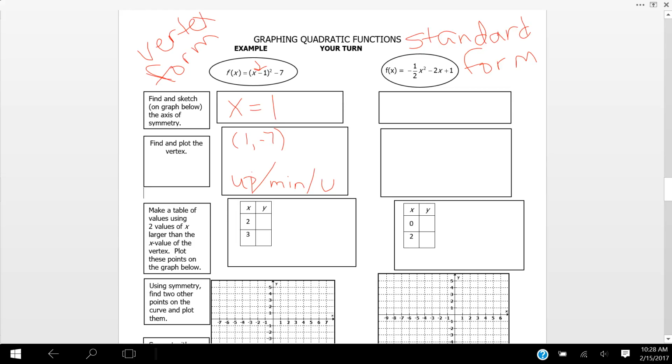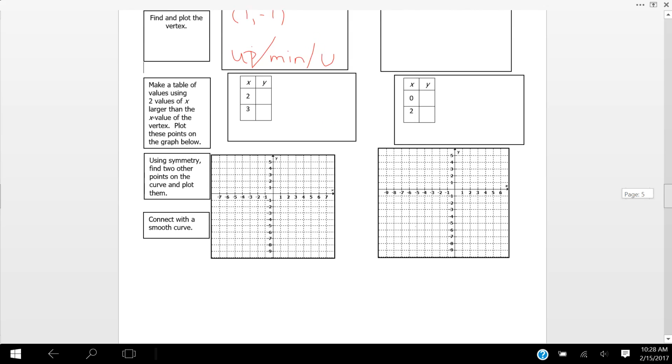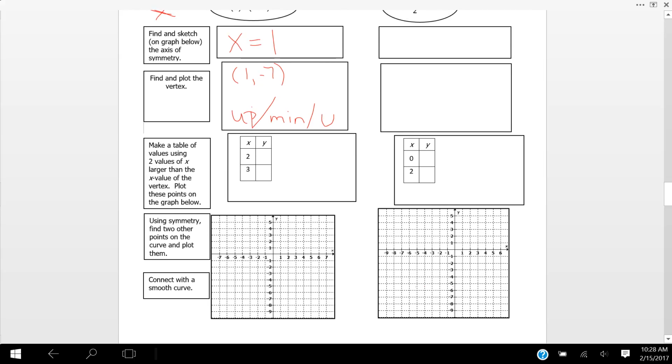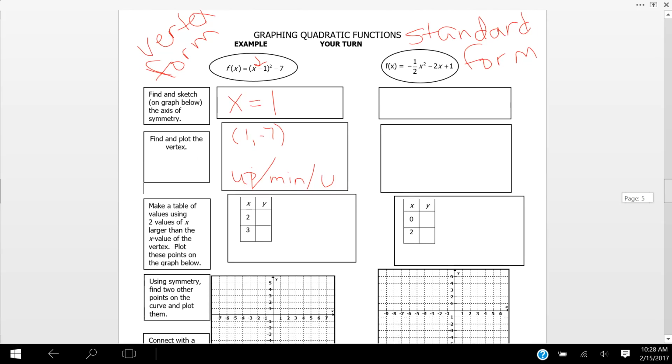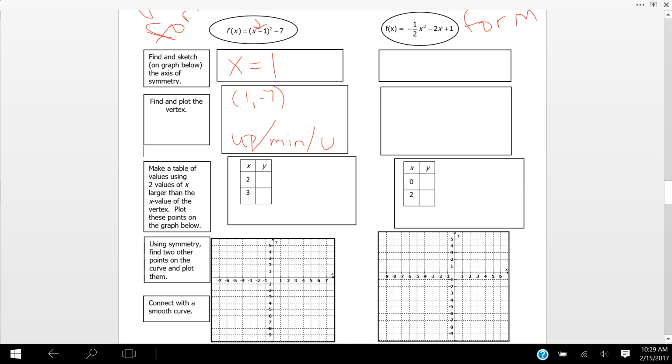All right, so if I go down to my graph and see how that works. I plot 1, -7. It's going to be right there, which is good for my going up minimum.